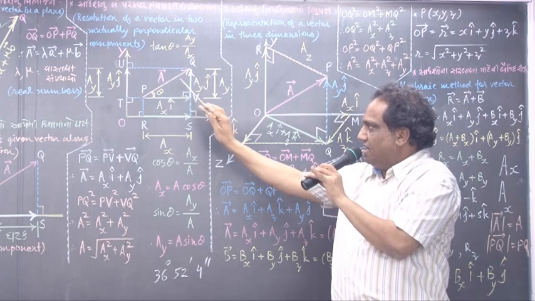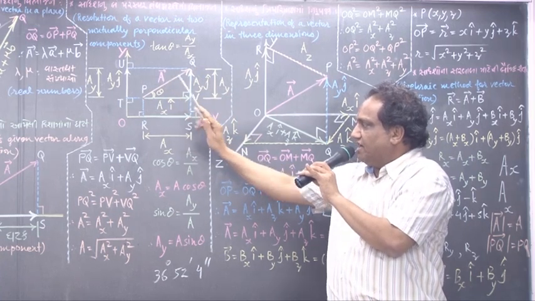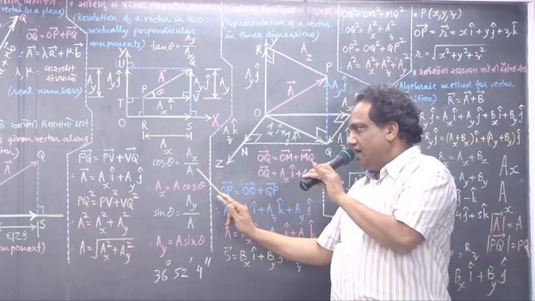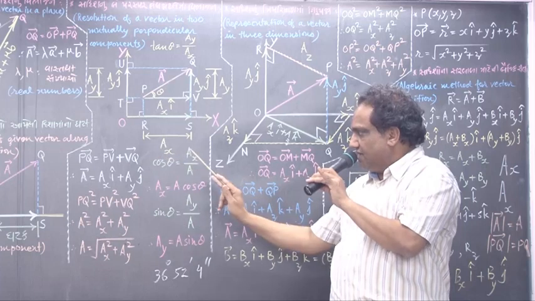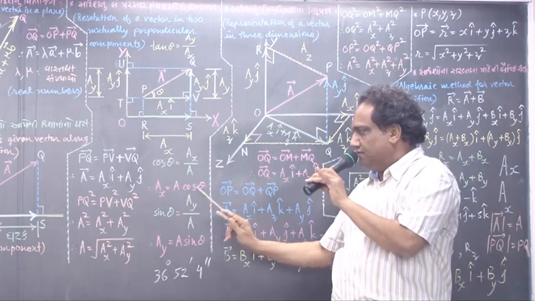Opposite to the right angle, this length is the magnitude of vector A. It is A. Adjacent side divided by hypotenuse. Simple. Find out AX. Transfer this: AX equals A cos theta.